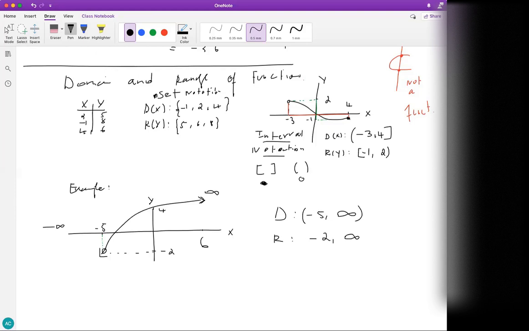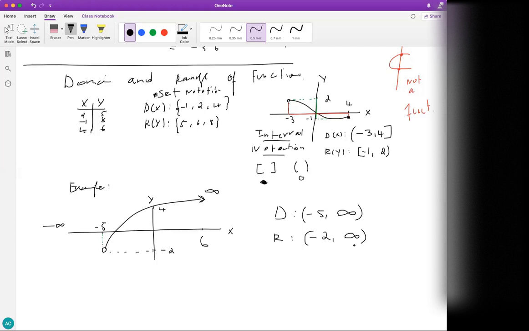But in this case, it stops here, so parentheses here and also parentheses. Okay, so it shouldn't be hard to get the domain and range from the graph. You just read it directly from that graph. There's nothing else to it.